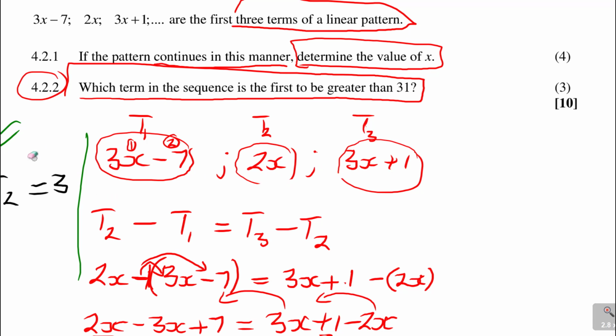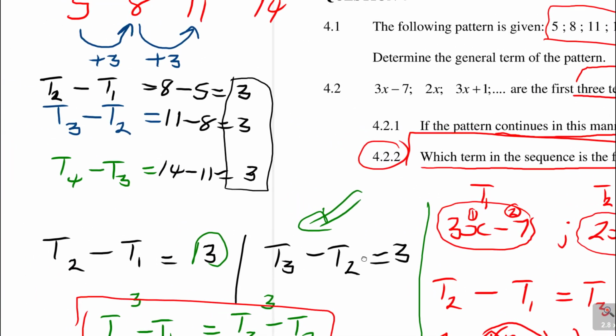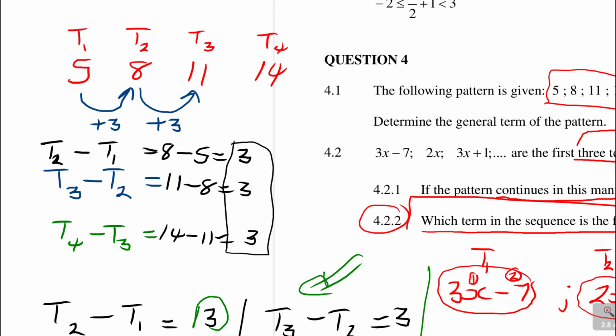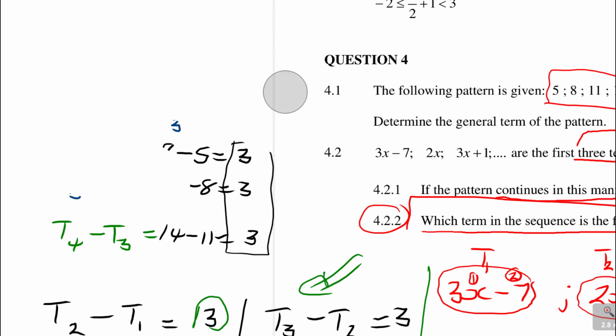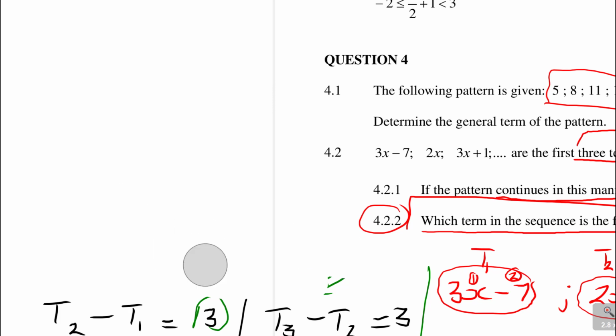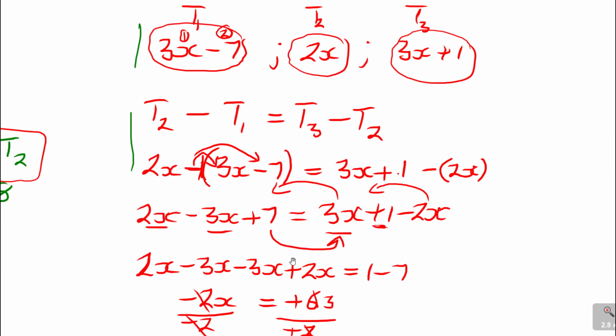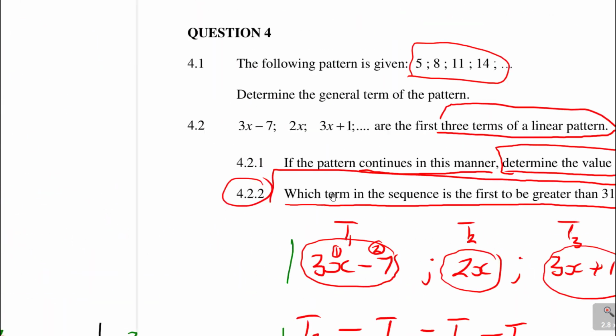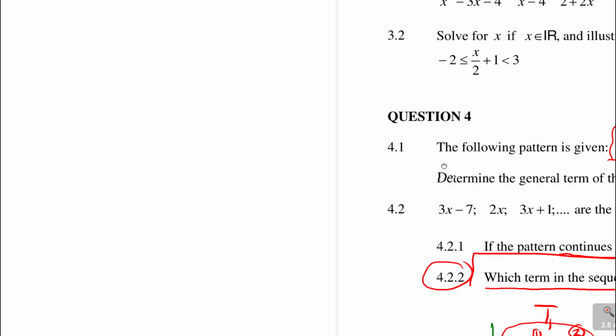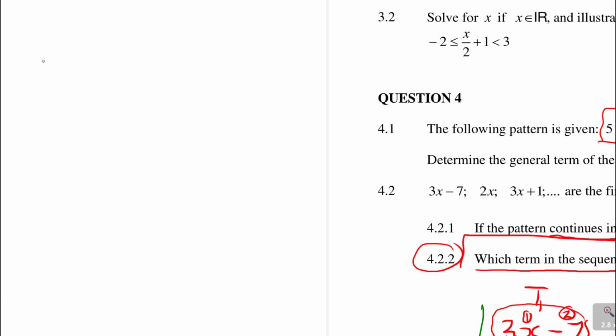I just want to show you something here, to see how this thing is going to be like. Remember, we got the value of x and we said the value of x is what? They said find the value of x. X is 3. So here you write the pattern again to say term 1 is called what?